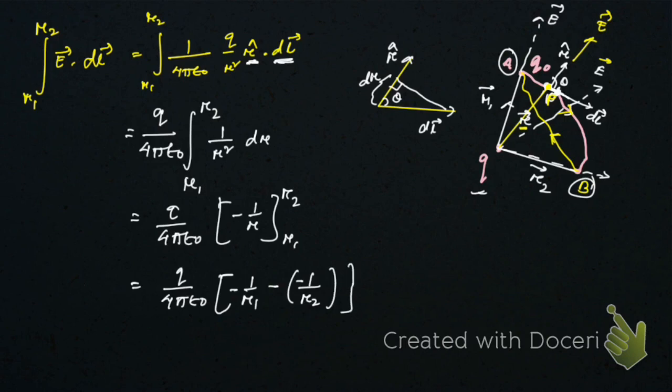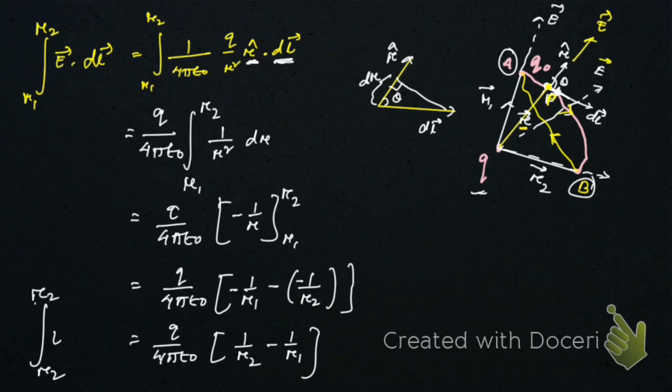So that's going to be equal to q by 4 pi epsilon naught times 1 by r1 minus 1 by r2. The signs go minus, minus, plus, so the positive term is written first. So this is the line integral from r1 to r2 of E dot dl, right? From this expression you can see this is the position vector of the first point, this is the position vector of the last point. That means it is independent of the path.